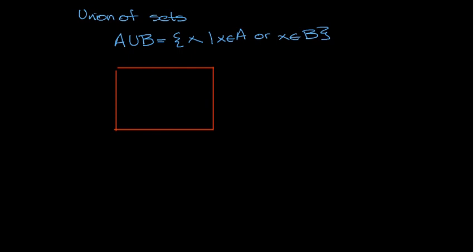So let's say that we have set A and set B. Well, the union, which is going to be in yellow, is going to be everything that is colored with yellow.